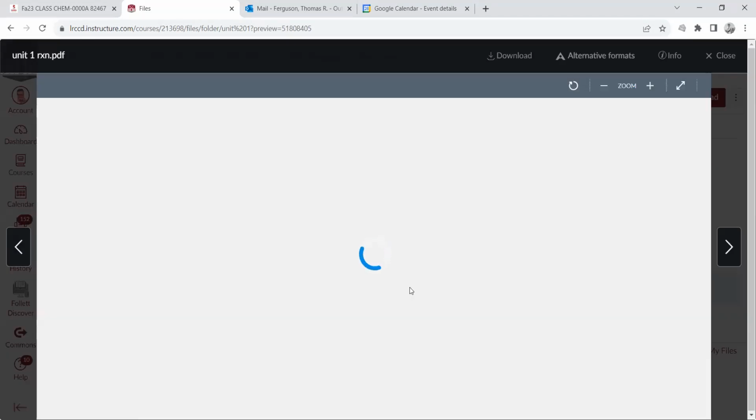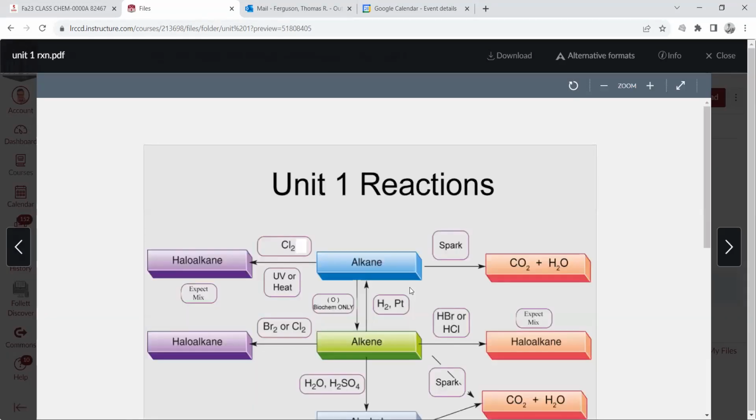Here's the unit 1 reactions. Okay, so we're just getting into alkenes.